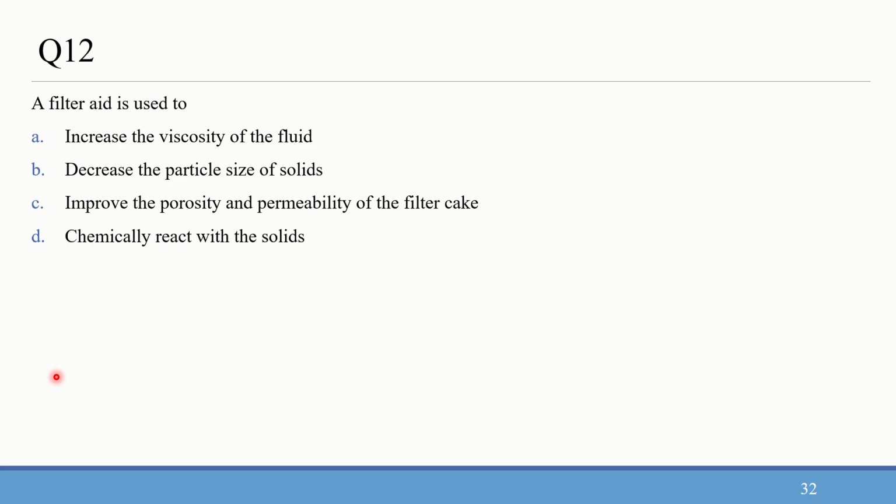It is like a granular or fibrous substance, like diatomaceous earth, perlite, cellulose, that is added during the filtration to create a porous, rigid and permeable filter cake. So this improves the filtration efficiency also. That is why we use filter aids. So answer is option C, improve the porosity and the permeability of the filter cake. That is the answer to question 12.